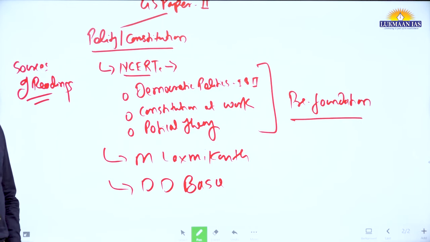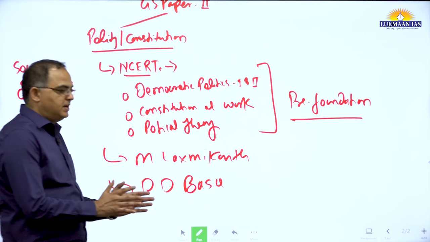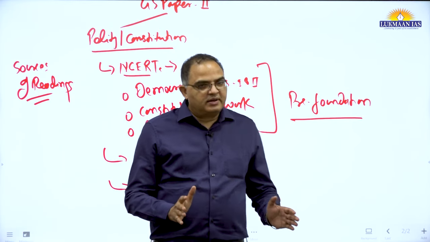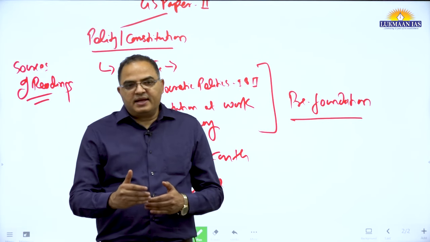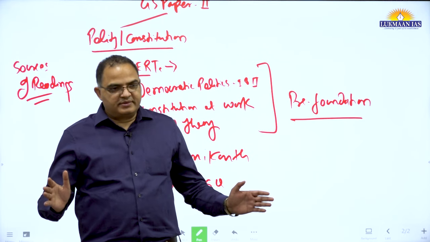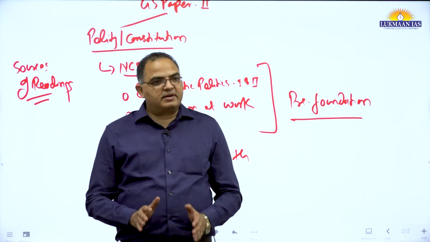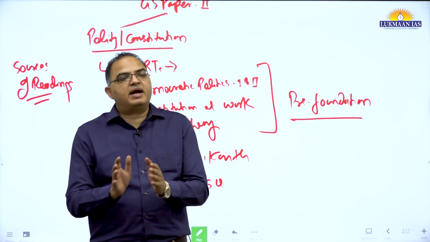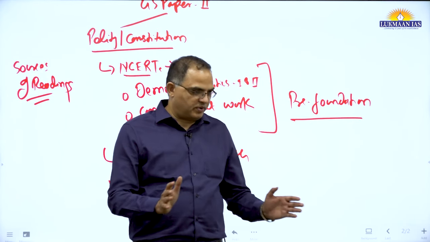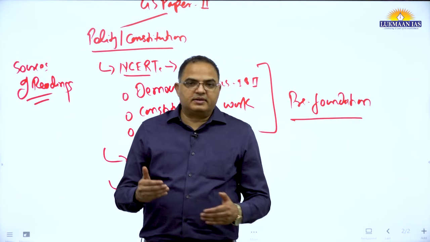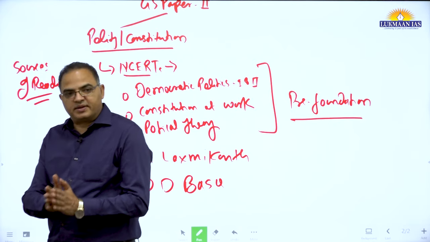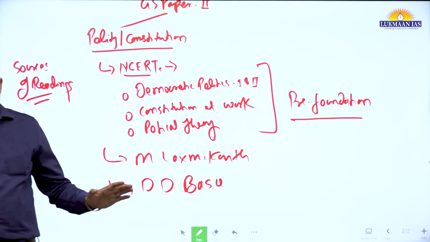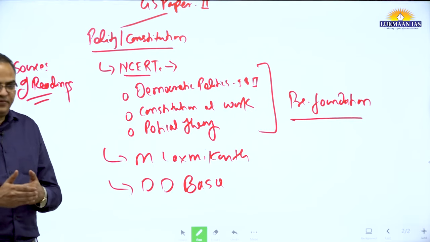The difference is that DD Basu is not exactly as per the syllabus, and Lakshmikant may not give you the exact important facts. But Lakshmikant is as per your syllabus. It covers all the topics. That is the only difference you can find.